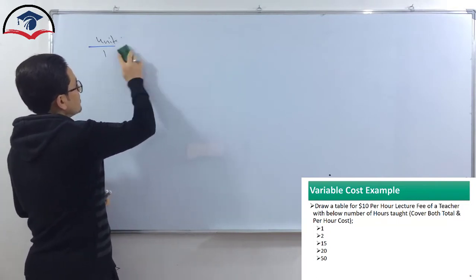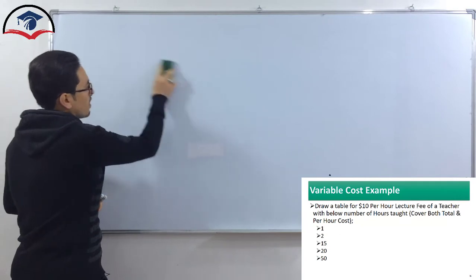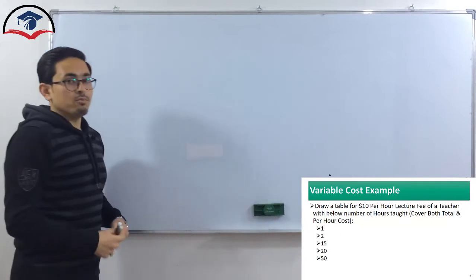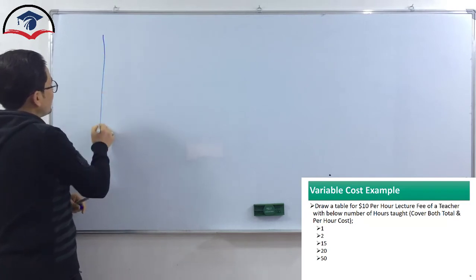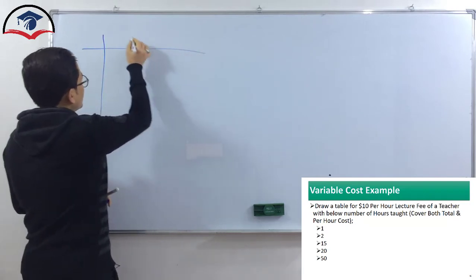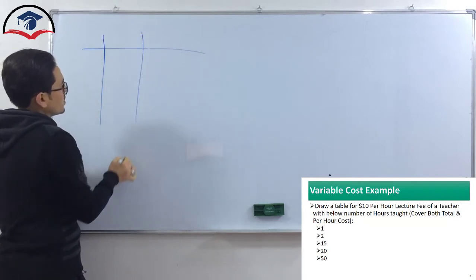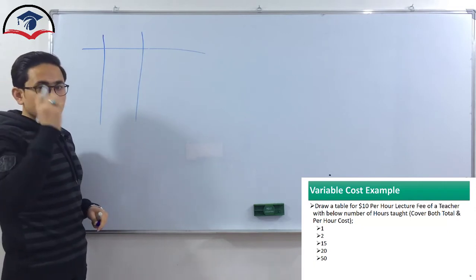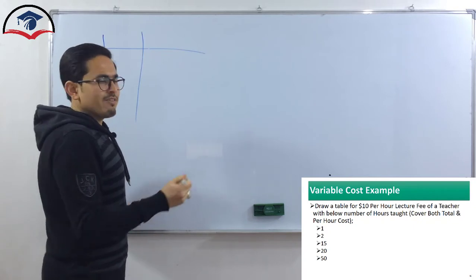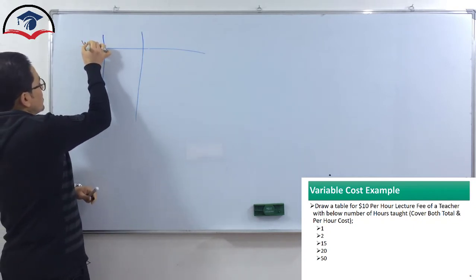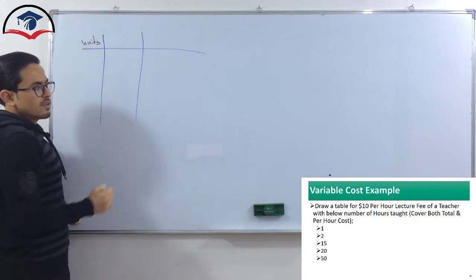I believe doing it by table will help you much better. Let me go for the level of activity first of all. Second, we can go for the per unit basis cost, and third one for the total. Level of activity, let me go as the number of units.